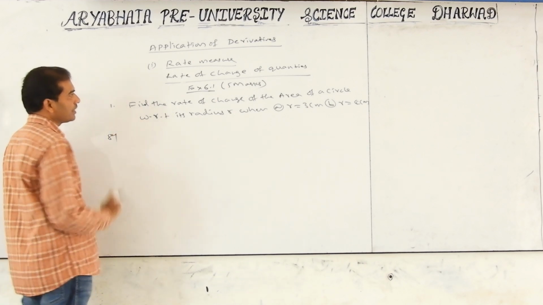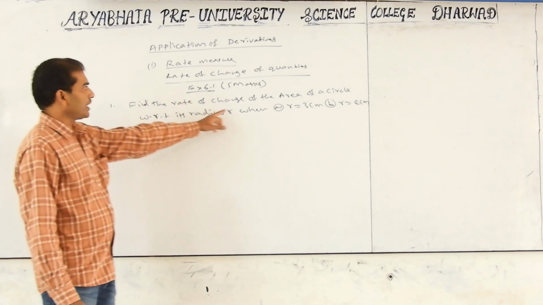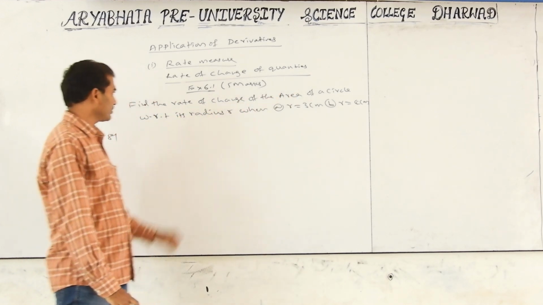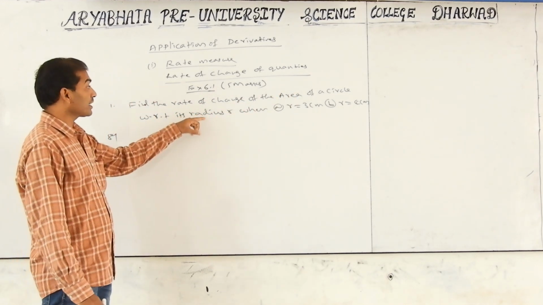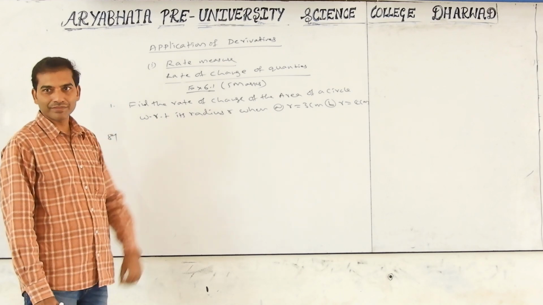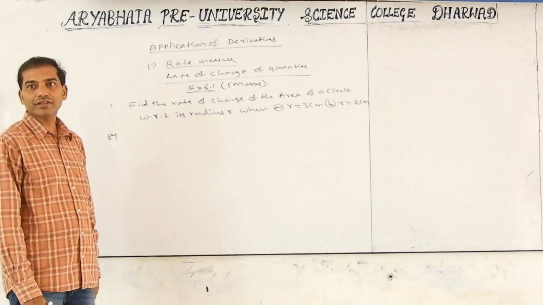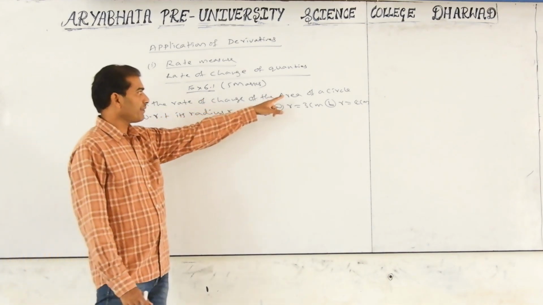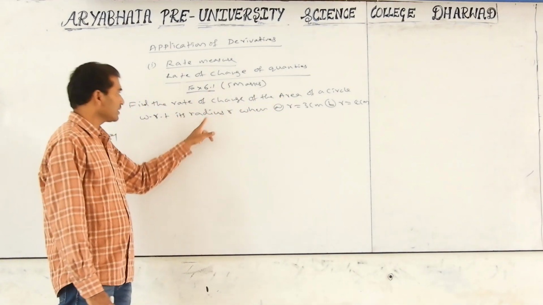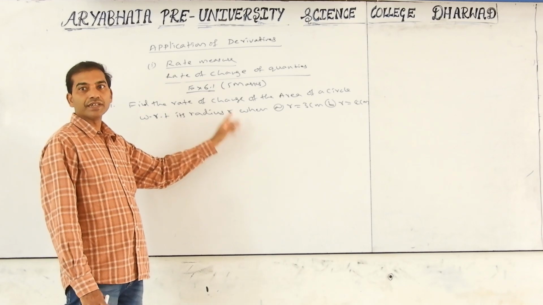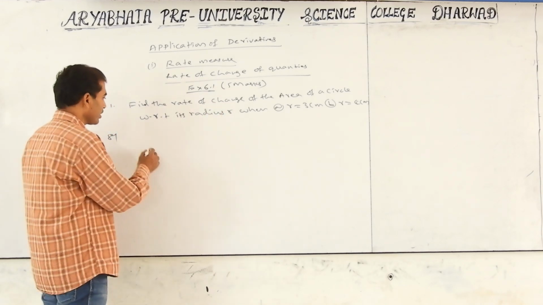Now, listen. Find the rate of change of area of circle with respect to its radius, not time. With respect to radius means dA by dr. Rate of change of area with respect to radius is dA by dr. Are you following?